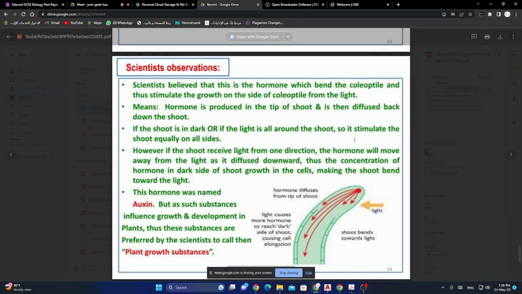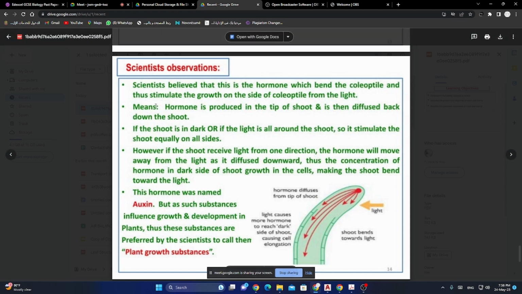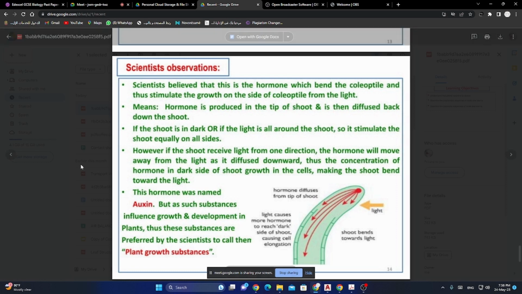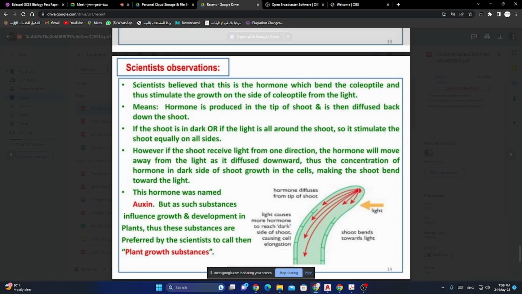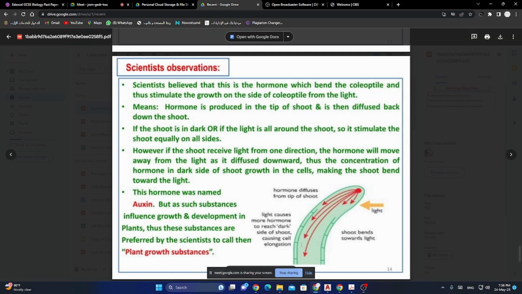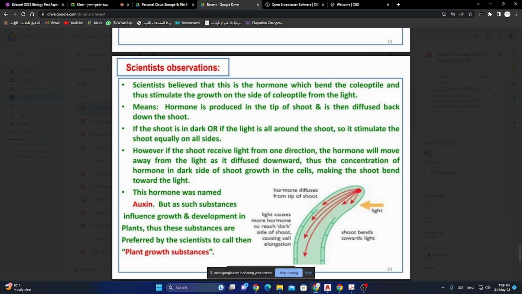So here they're explaining it a bit more. That is basically the same thing that I was saying, right? Is there any difference? Hmm. So here they're saying again that the hormone, that chemical, is going to diffuse, if there is light coming from a certain side, to the opposite side of the shoot, which is going to cause the cells on the left to elongate.